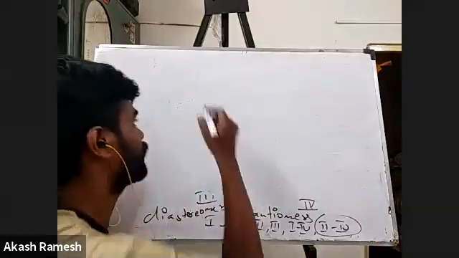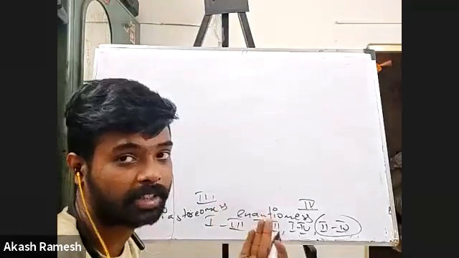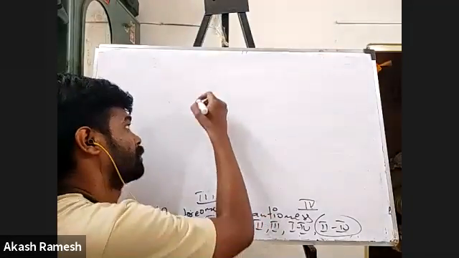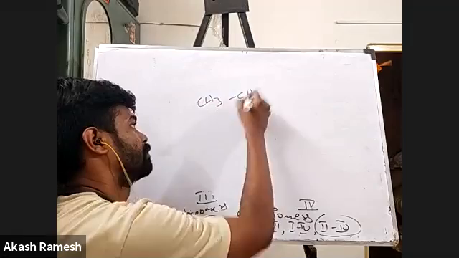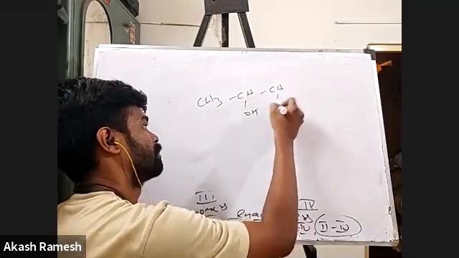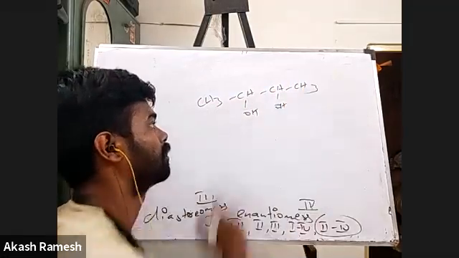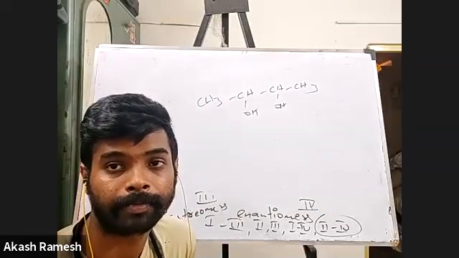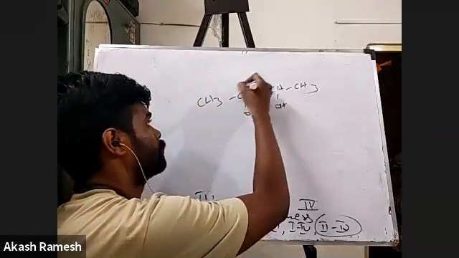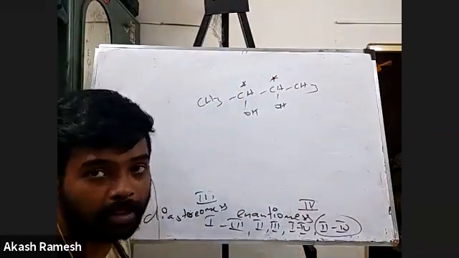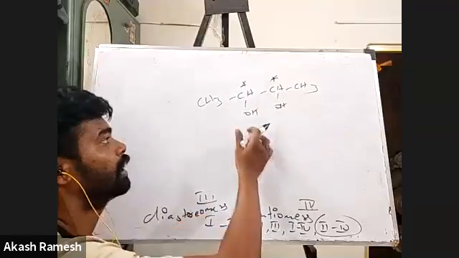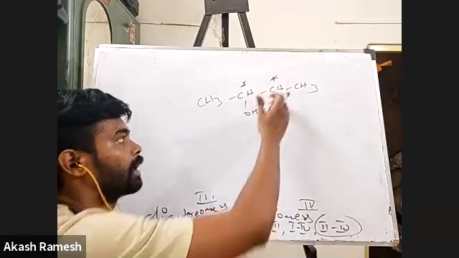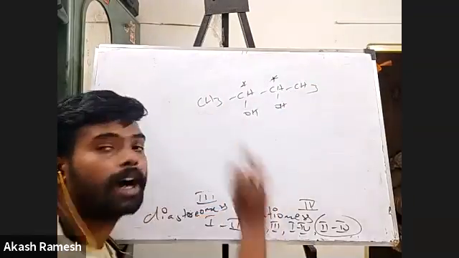If I take the first compound with which I started optical isomerism, now if you look at this, do I have chiral centers? Yes, sir. How many? 2. Exactly. So these 2 are my chiral centers. H, OH, CH3, other group. Same way, H, OH, CH3, other group.